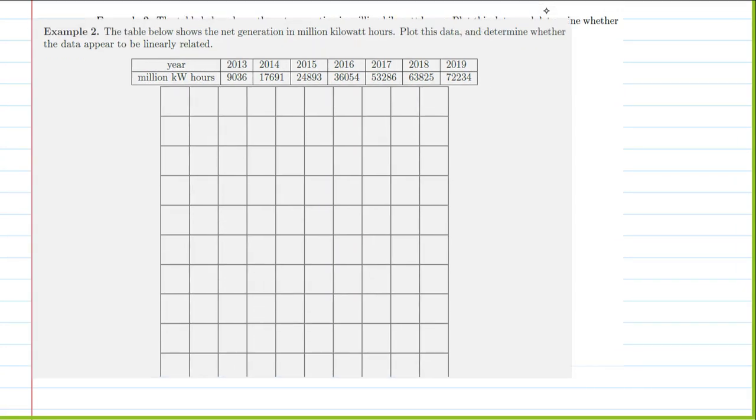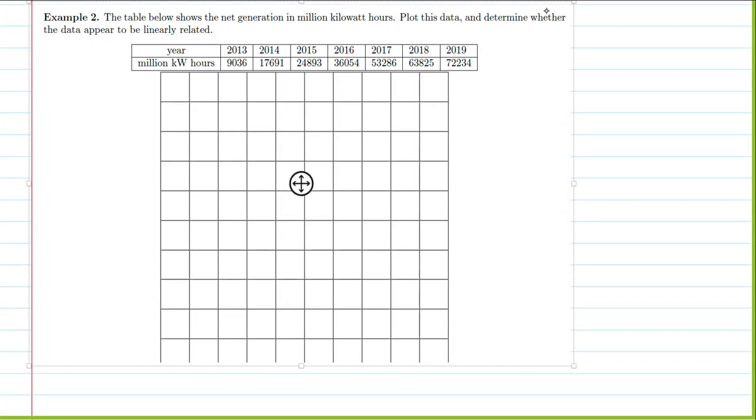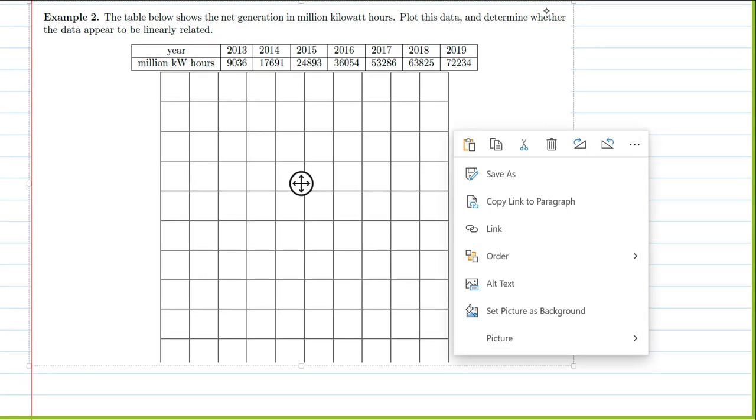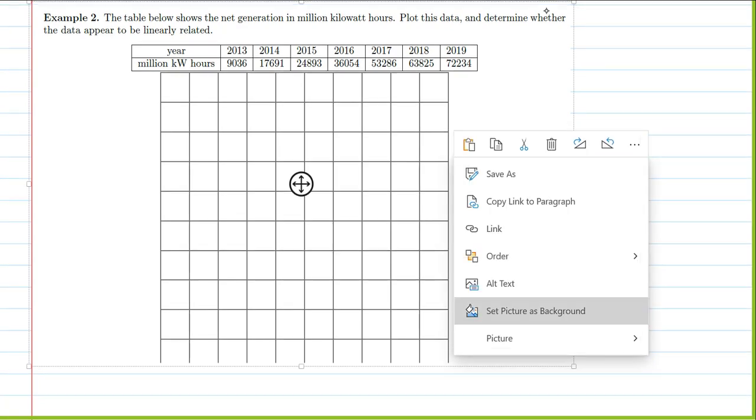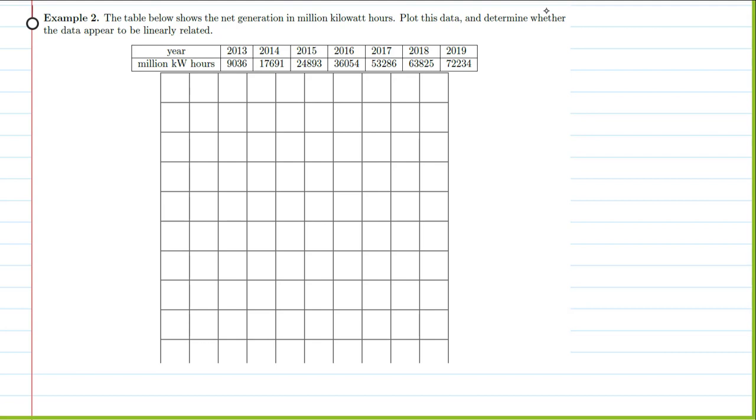The table below shows the net generation in million kilowatt hours. Plot this data and determine if the data appear to be linearly related.